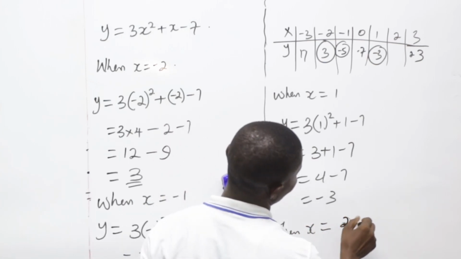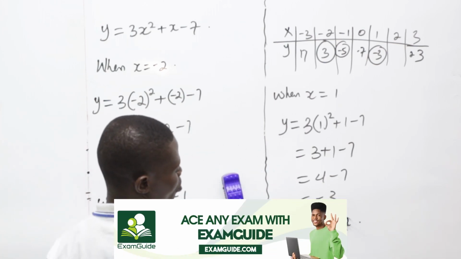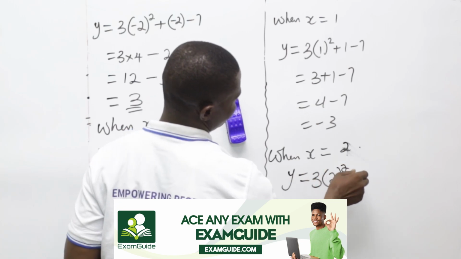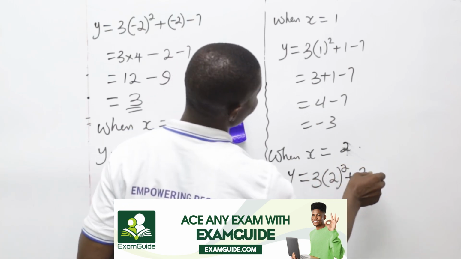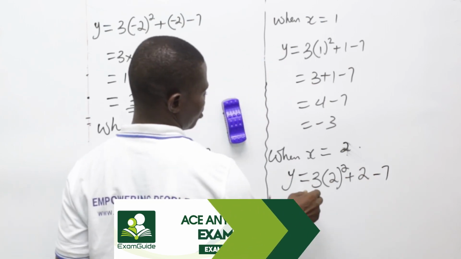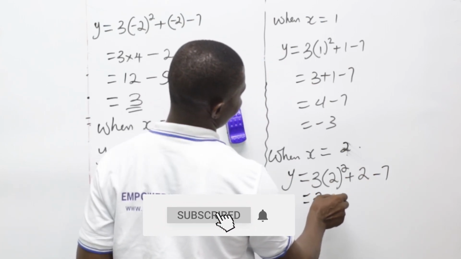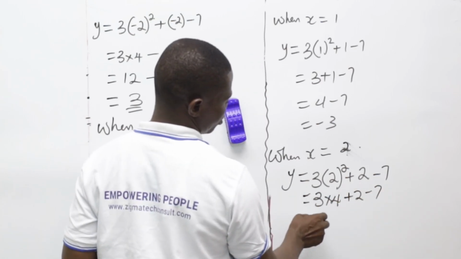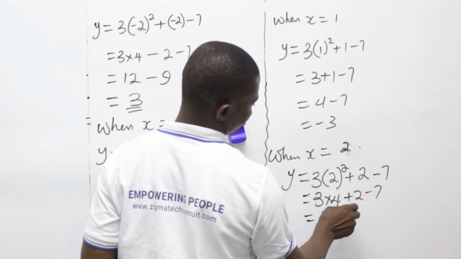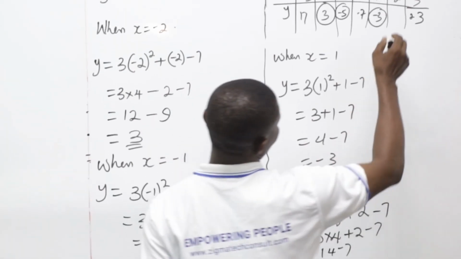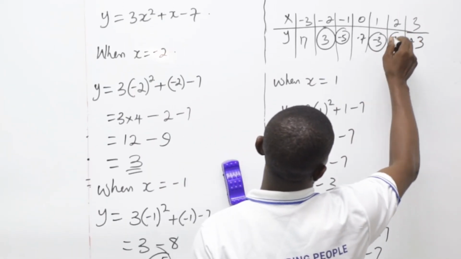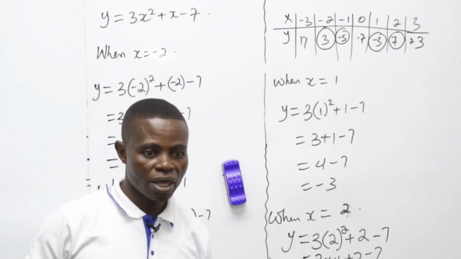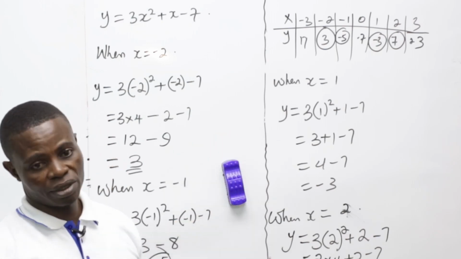When S is 2, Y equals 3 into 2 all squared plus 2, which is your S -7. To give us 3 times 4 plus 2 -7, to give us 14 -7, 7. So here is what? 7. Circle it. This is the table for this relation.